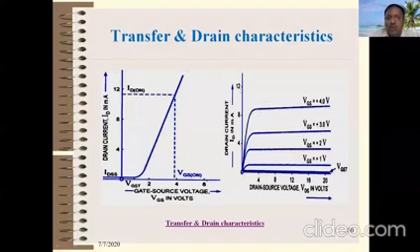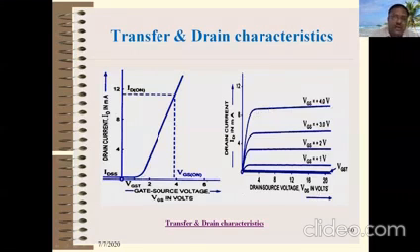Why this happens, we will discuss, or maybe I will show you a video so that you can better understand how and why this happens in a MOSFET. But just remember, if VGS increases, the current ID also increases. This region is called the ohmic region, this small region is the square root law region, and this flat region where the current is constant is called the saturation region. So this is the drain characteristics.